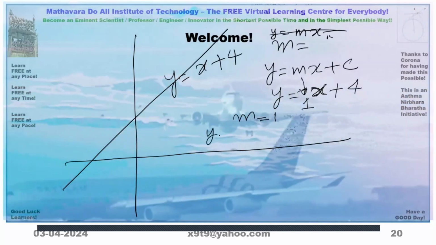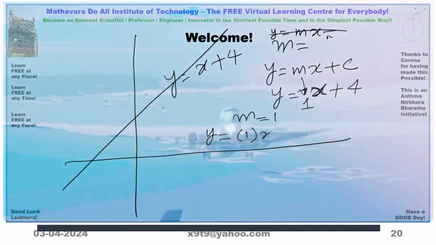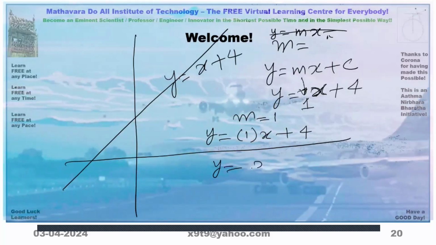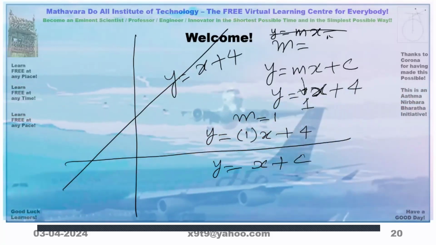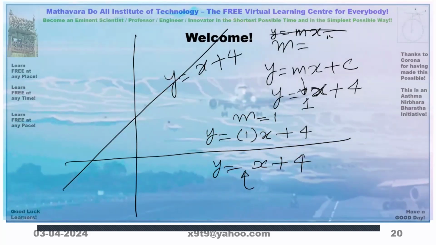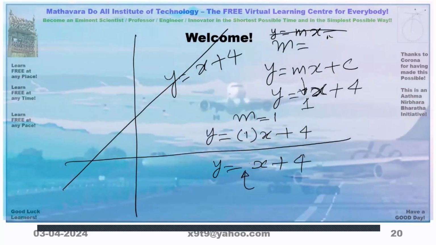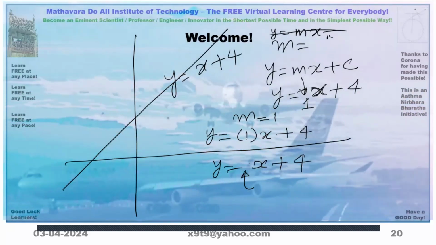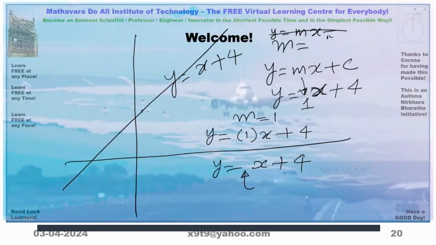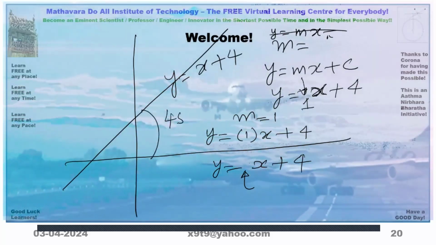So instead of writing y is equal to 1x plus 4, we will write y is equal to x plus 4. If no coefficient is mentioned, it is taken as 1. If it is another number, we write it. So m is 1 means this angle will be 45 degrees.